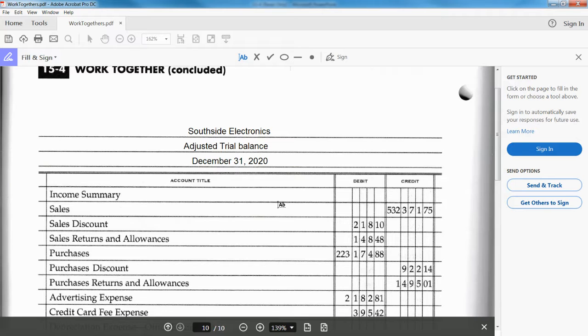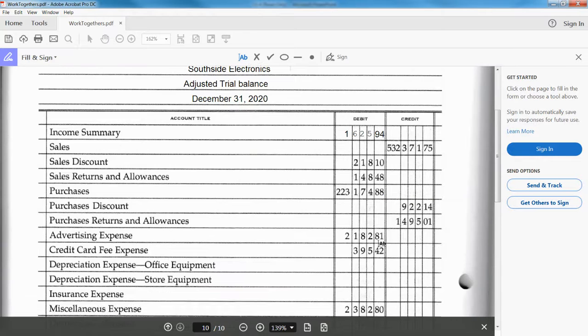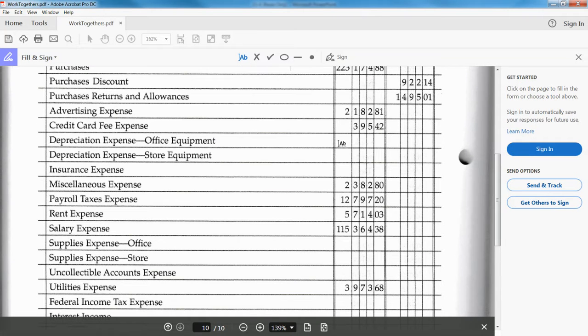And then income summary is $1,625.94. And then depreciation expense office equipment is $2,150.00.